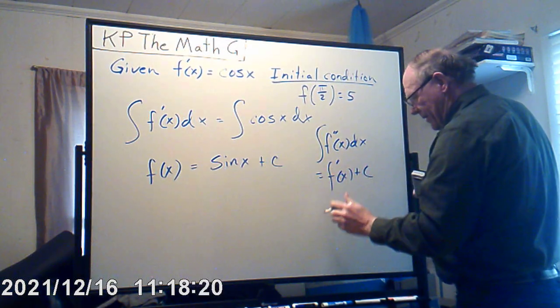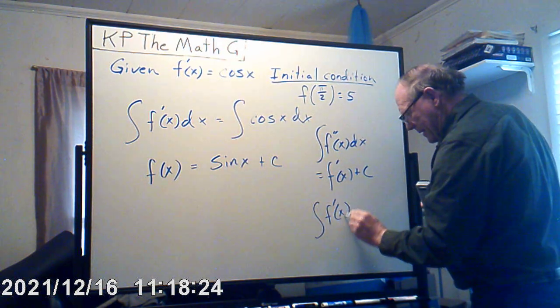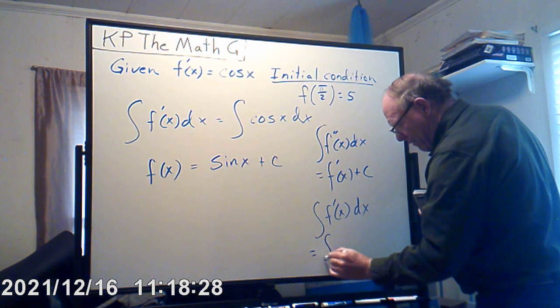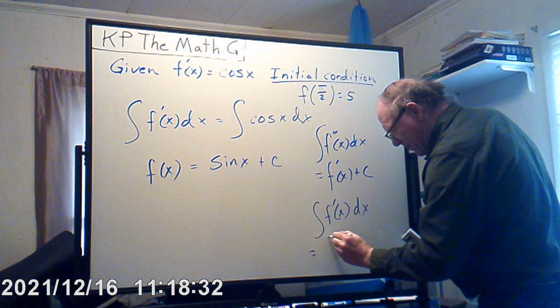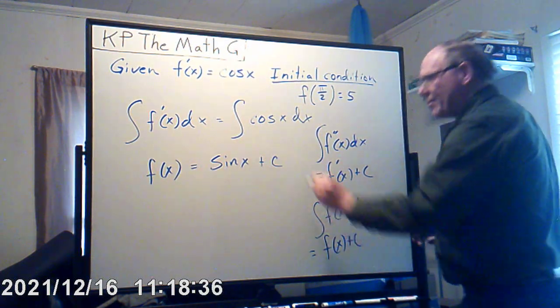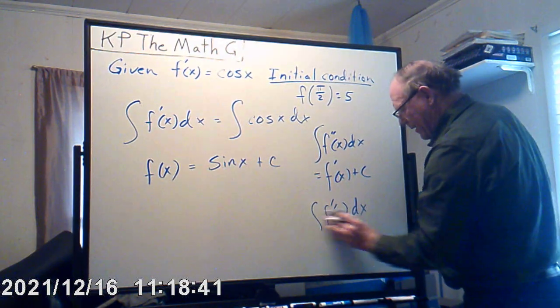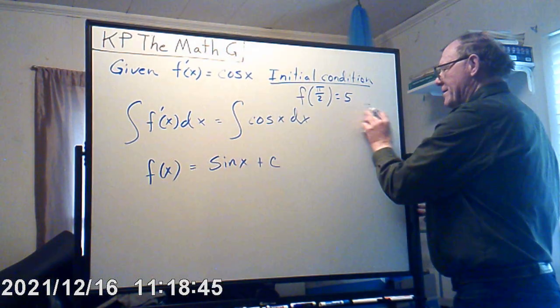And then, of course, if I take the antiderivative of f prime at x dx, then that's equal to f at x plus c. I keep wanting to do my integration symbol. That's what you do there.